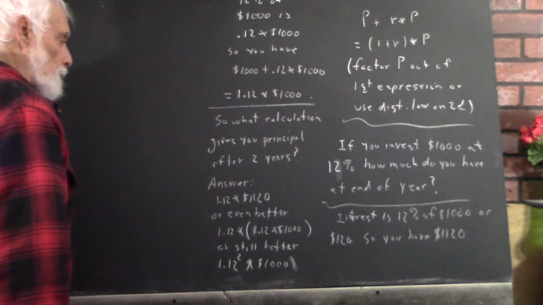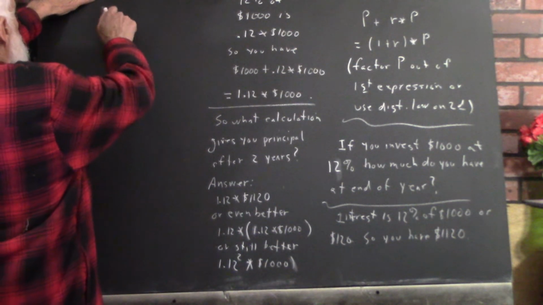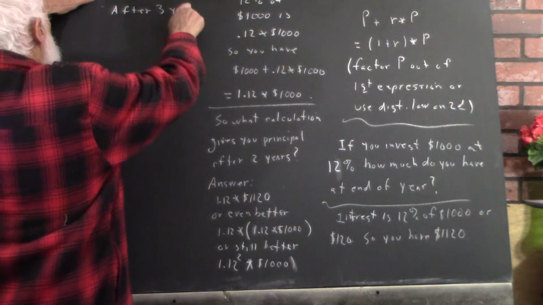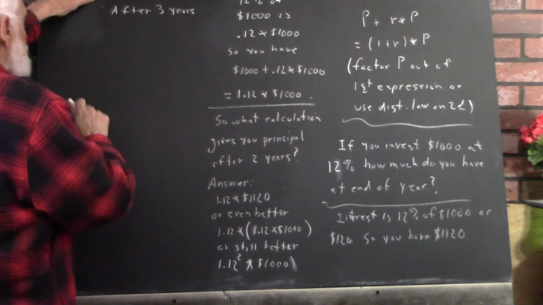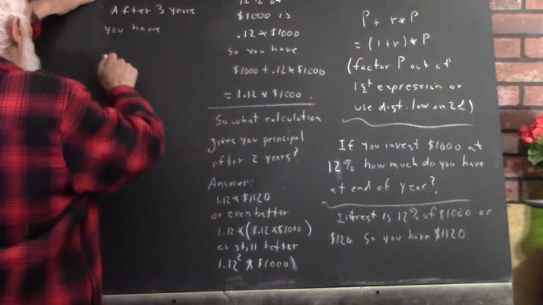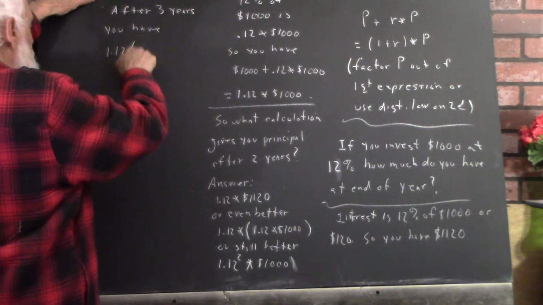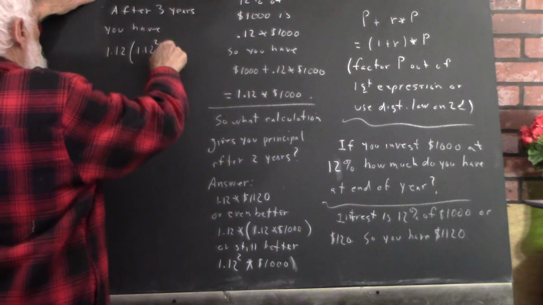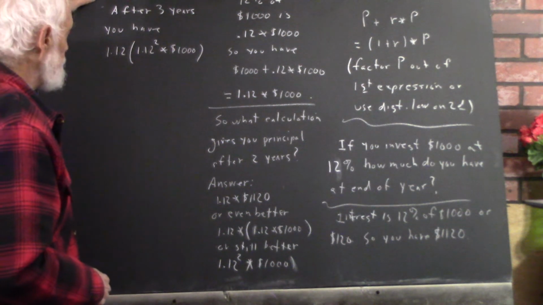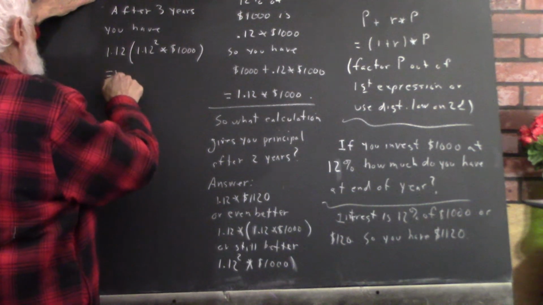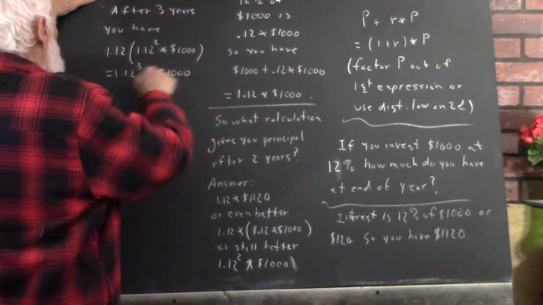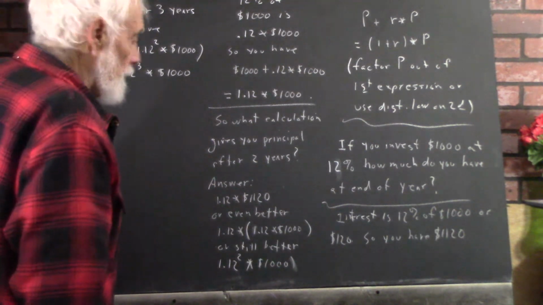Okay, now what about after 3 years? Now I'm just going to write it as 1.12 multiplied by 1.12 squared times $1,000, which is 1.12 cubed times $1,000.